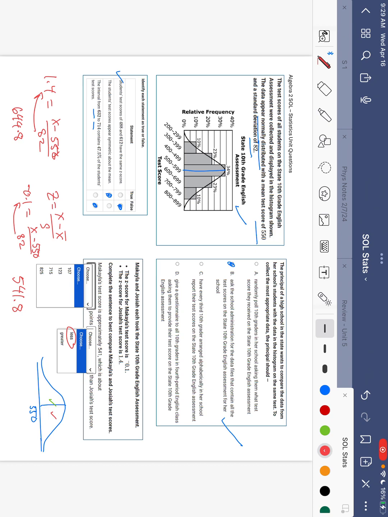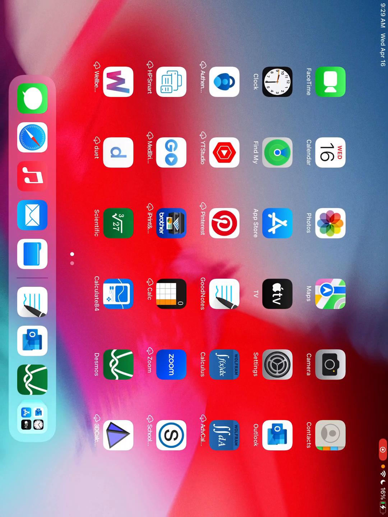All right. So I'm just going to go with this one. It's the closest, right? Let's see, which is about 107 points less than Josiah. Okay, yep. All right, I don't know why it didn't come out too perfect right there. Let's see, 1.4 times 82 plus 550.